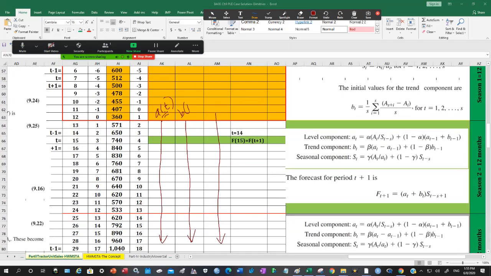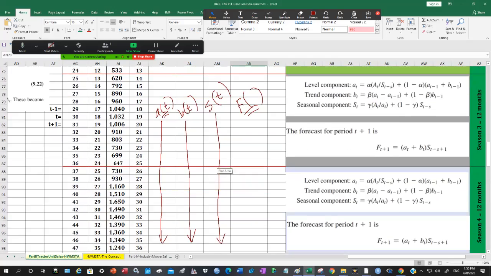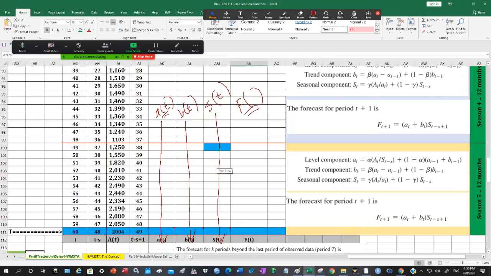We can find B of t, we can find the seasonal component, and we can find the forecast. And we can go all the way to the end, all the way to period 60. So we filled out all of this, and we found the forecast column, the forecasted values.